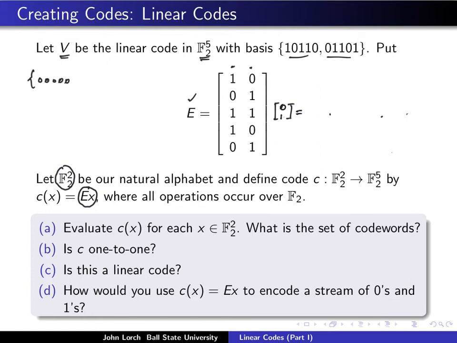And if we do that, we're going to get 0 times the first vector, 1, 0, 1, 1, 0, plus 1 times the second vector, 0, 1, 1, 0, 1. And of course, that's just going to give us 0, 1, 1, 0, 1.